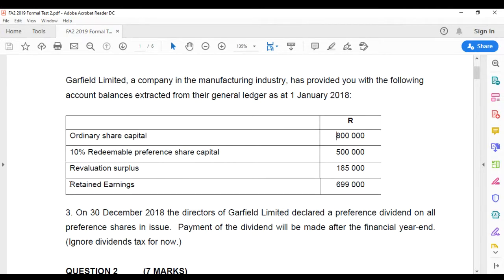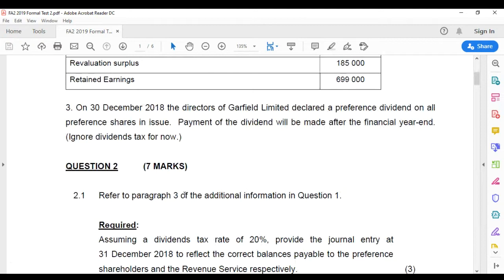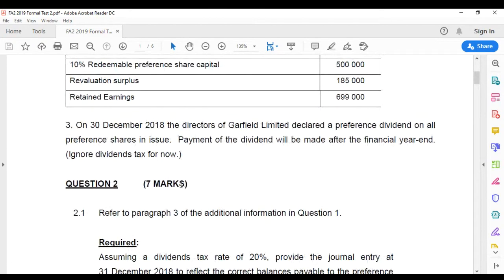And then we had retained earnings of 699,000 rands, and we know that represents the profits that we have accumulated over the years. Then they referred us in question 2 to paragraph 3 of the additional information. In that paragraph 3, they say on the 30th of December 2018, the directors of Garfield Limited, that is the name of our company, declared a preference dividend on all preference shares in issue.